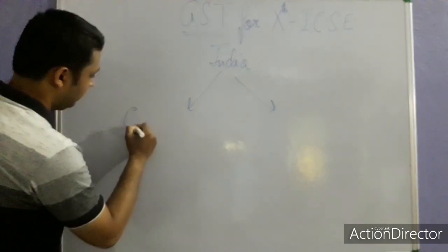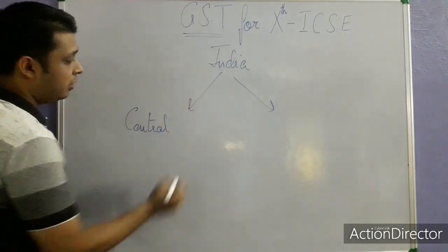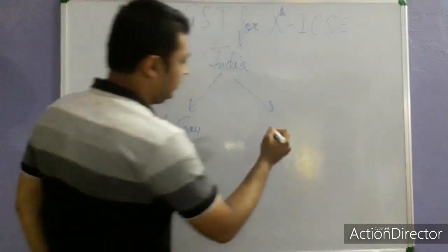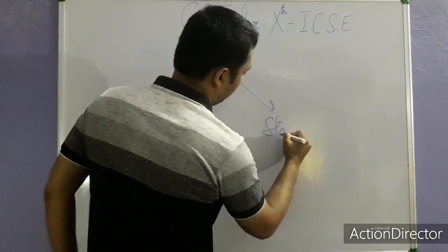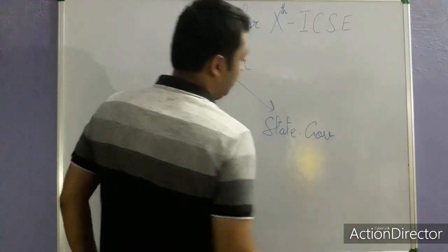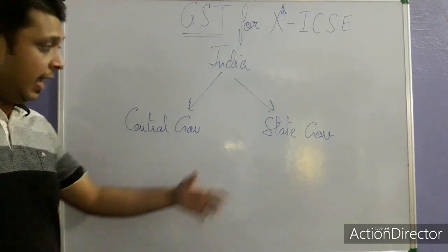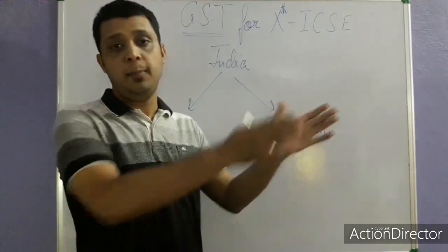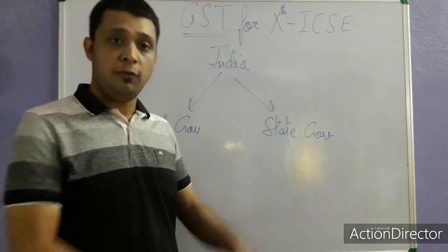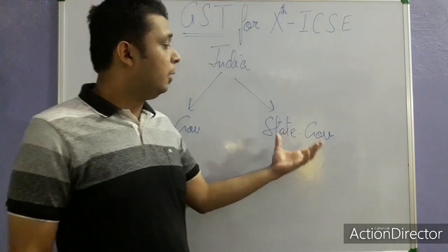One is the central government and the other is the state government. The central government, as you all know, sits in Delhi, and the state government sits in the particular states. You know that a country is divided into states.